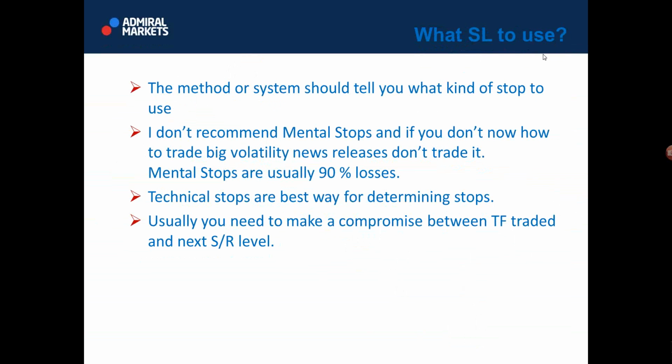So what stop loss to use? The method or system should tell you what kind of stop to use. I don't recommend mental stops, and if you don't know how to trade big volatility news releases, don't trade them. Mental stops are usually 90% losses. That will play with your mentality.